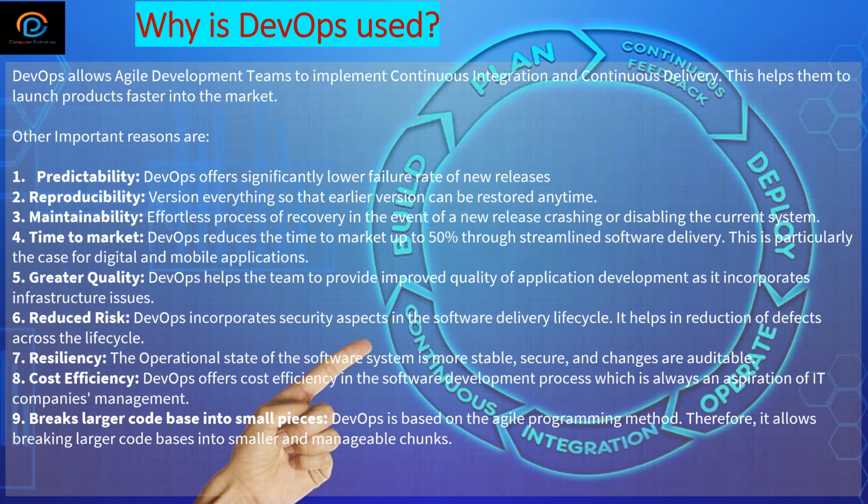Now after this, let's think about greater quality. Using DevOps basically helps the team provide improved quality of software. For example, you have launched an app into your market using DevOps.